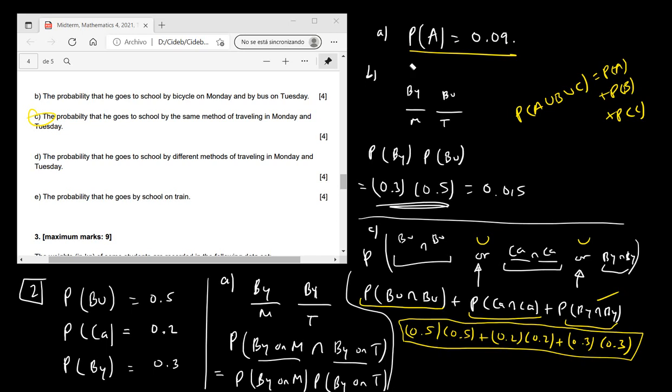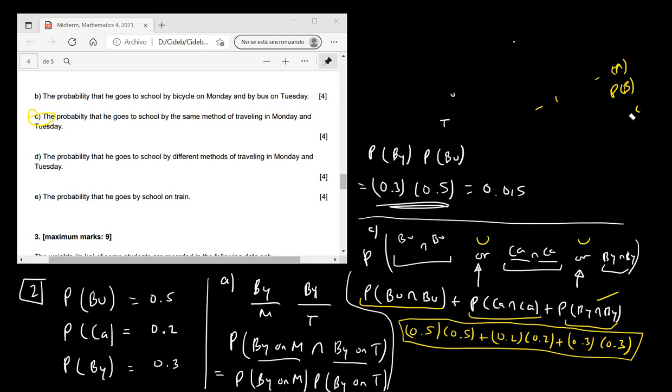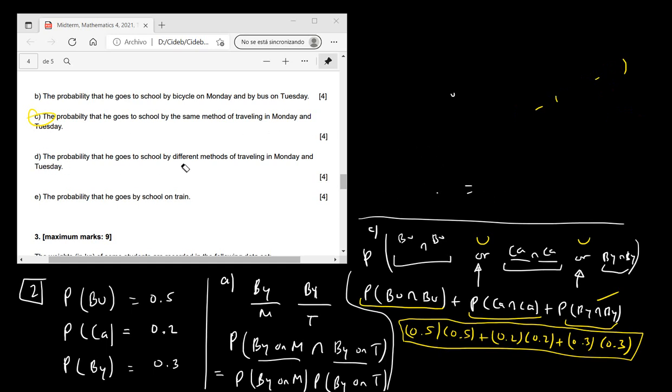Let me erase this whole thing. Now, I will just give you the brief sketch on how to solve this one. I'm going to do that in blue for D.